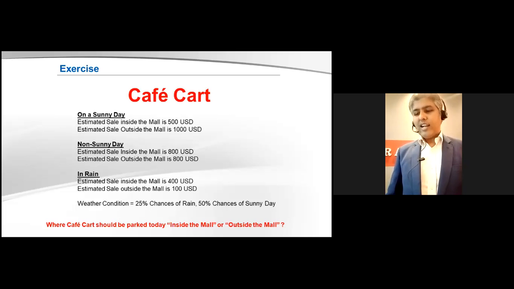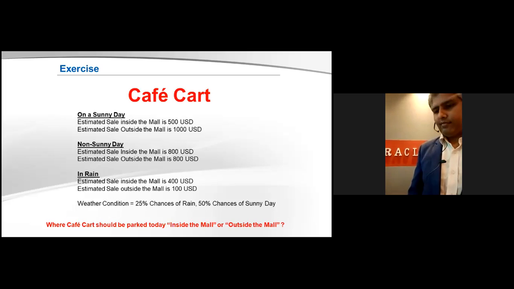Based on that, you decide whether you want to put your cart inside the mall or outside the mall. One morning you wake up and see that the chance of rain is 50%, and you have your sales data available to you. Now I want the answer: where are you going to park your cart today, inside the mall or outside the mall, based on the data you have here?